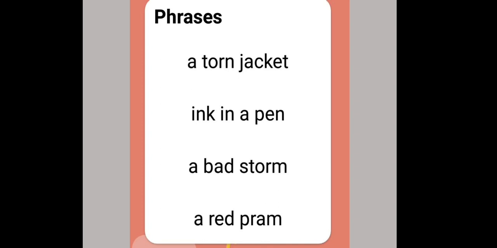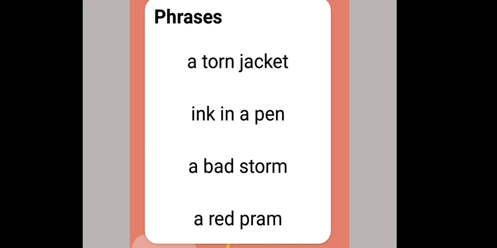Now we are going to read the second sentence. We are going to call out the sounds in the word, and then we put it together to read the word. Ink, in, a, p, ink in a pen.